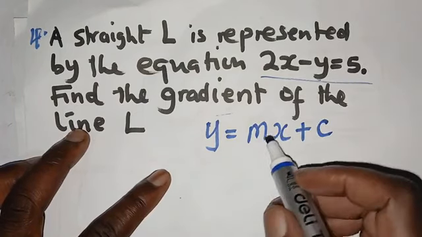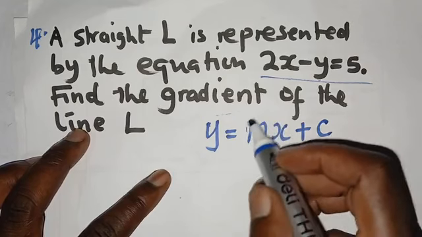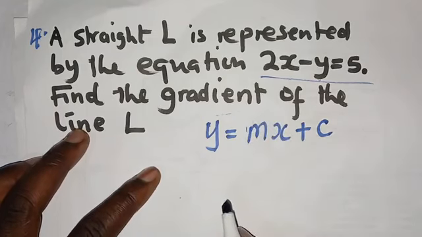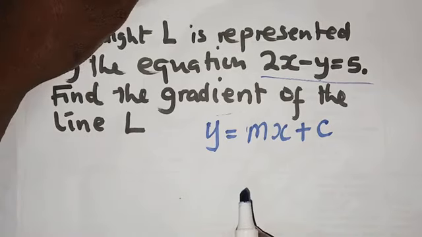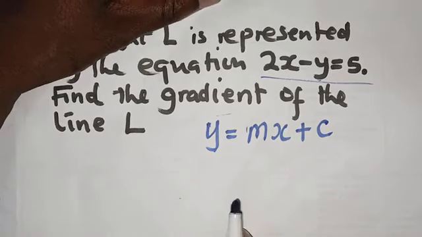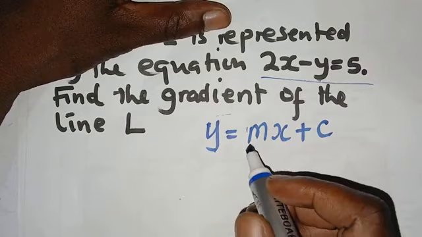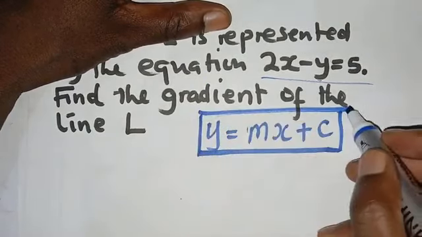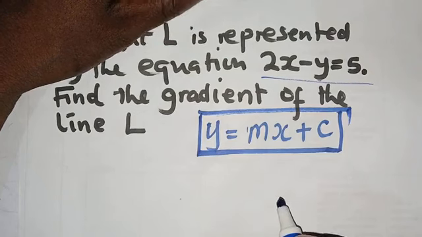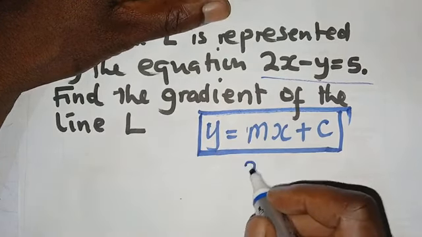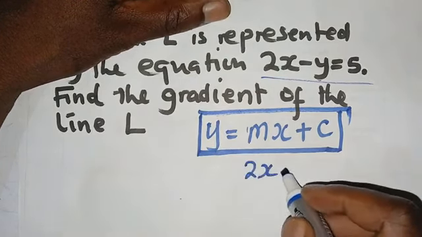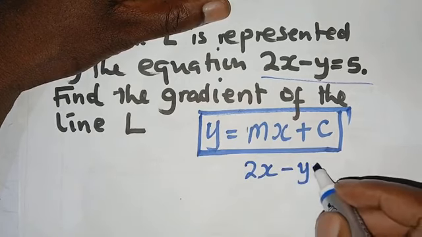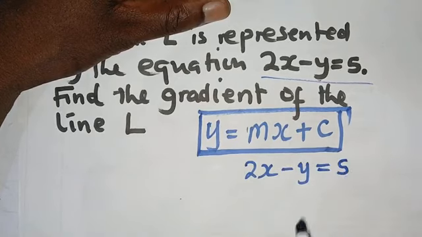Now we'll be looking at what will be the coefficient of x, which is m here, and that is going to be our gradient, ladies and gentlemen. So basically that's what we are doing. We need to write that equation in this form. So we have 2x minus y is equals to 5.